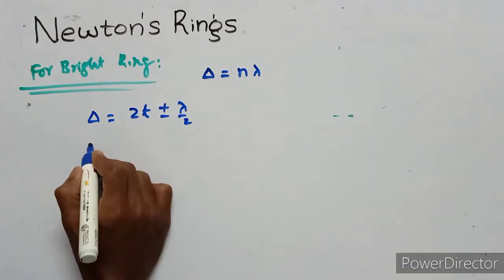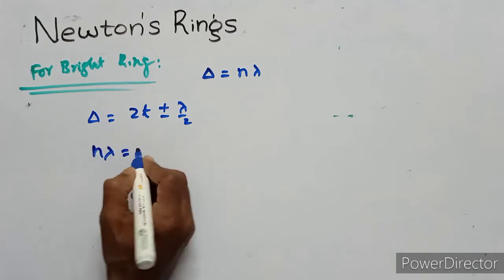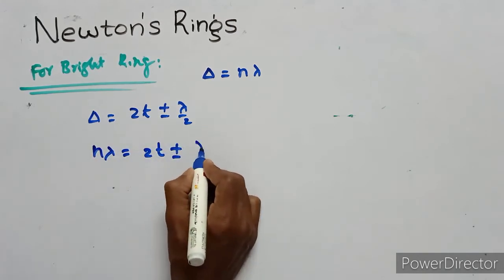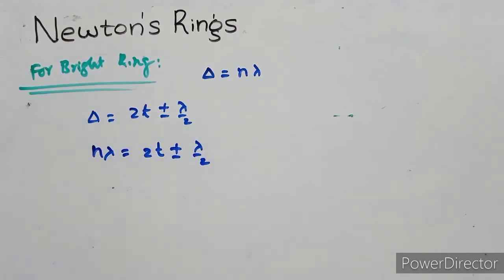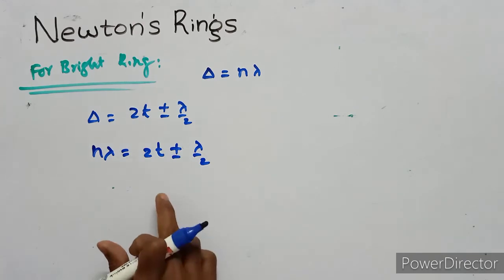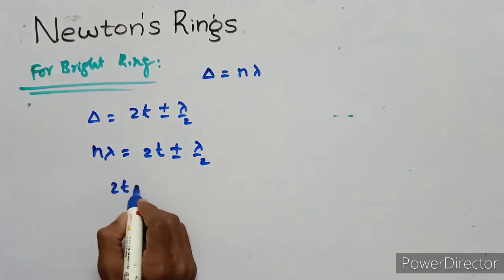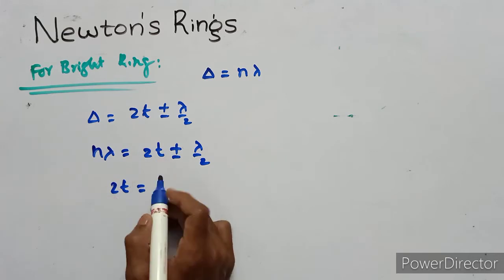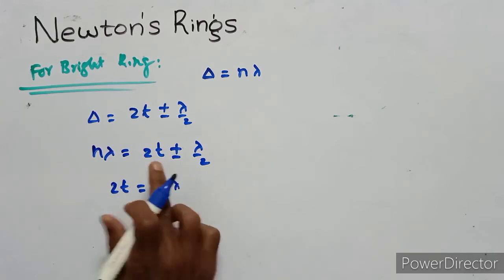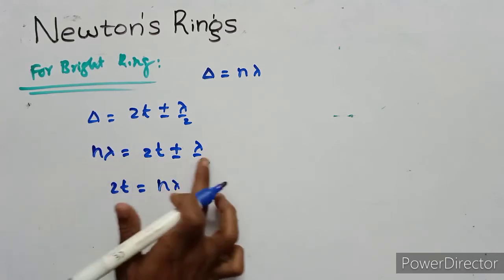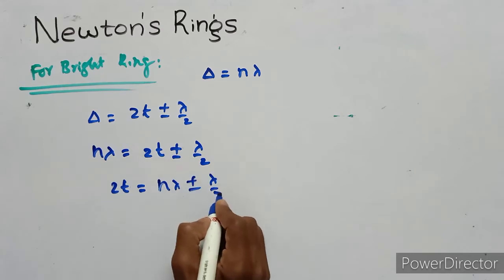So n lambda equals 2t plus or minus lambda upon 2. Then 2t equals n lambda plus or minus lambda upon 2.